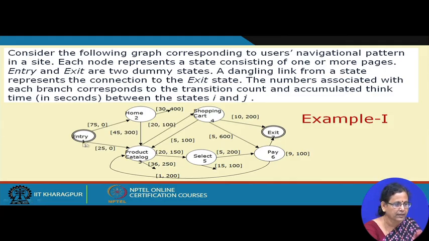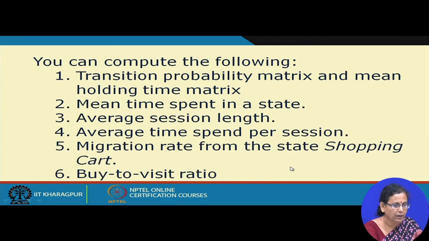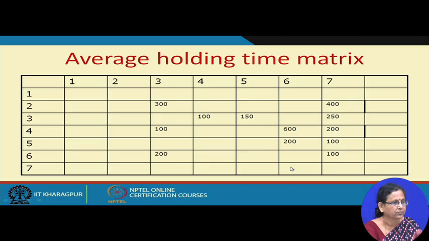How many people entered into the site? Let us say total 75 plus 2500 transactions were made to the site. Out of that, how many people actually completed this pay process and left the site? It is only 9. So, this is your buy to visit ratio.